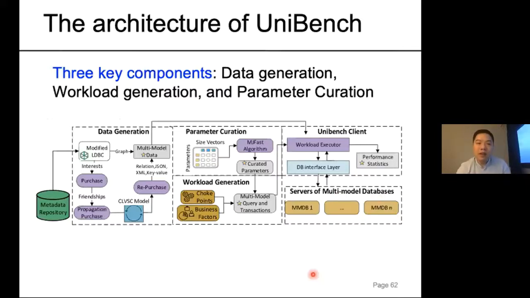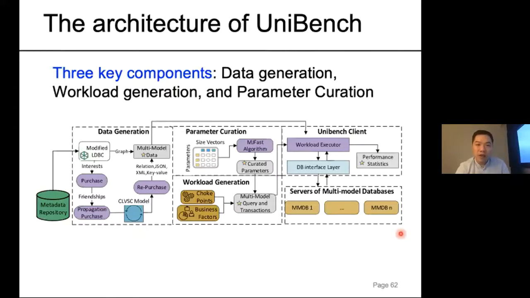UniBench consists of three key components: data generation, workload generation, and parameter curation. Specifically, our data generation is based on a three-phase framework to simulate the customers' behavior in social commerce. We collect the metadata from LDBC, Amazon reviews, and DBpedia data, and we generate multimodal data based on Spark SQL.